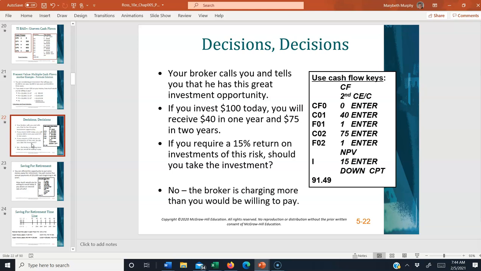Should you take the investment? And what we would expect is, if the value we come up with is less than 100, when we do our analysis, we wouldn't take the investment. If the value is $100 or more, we would take the investment.